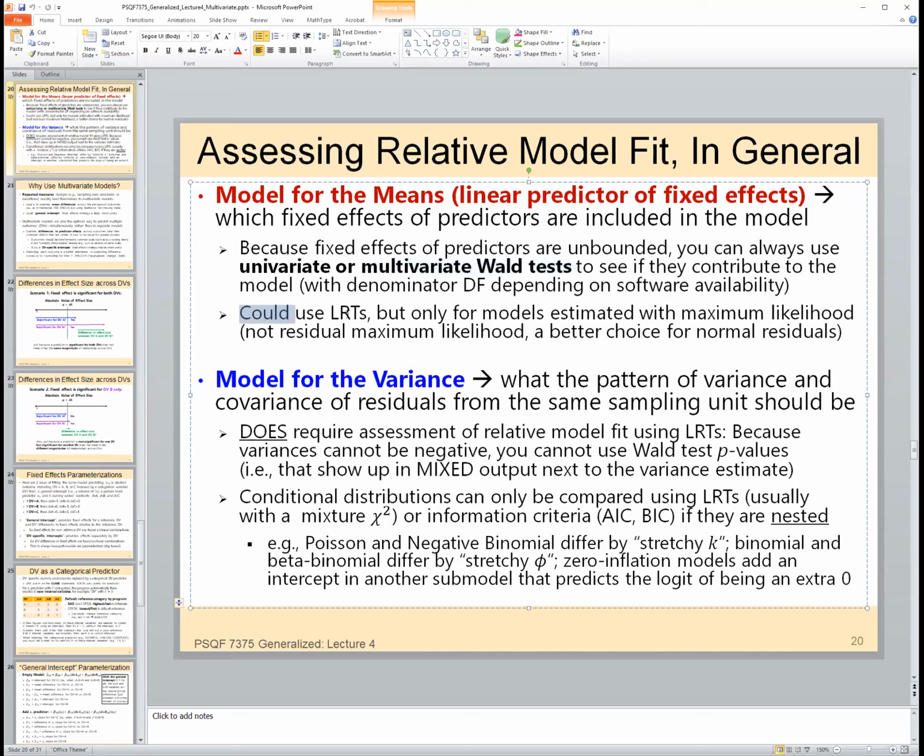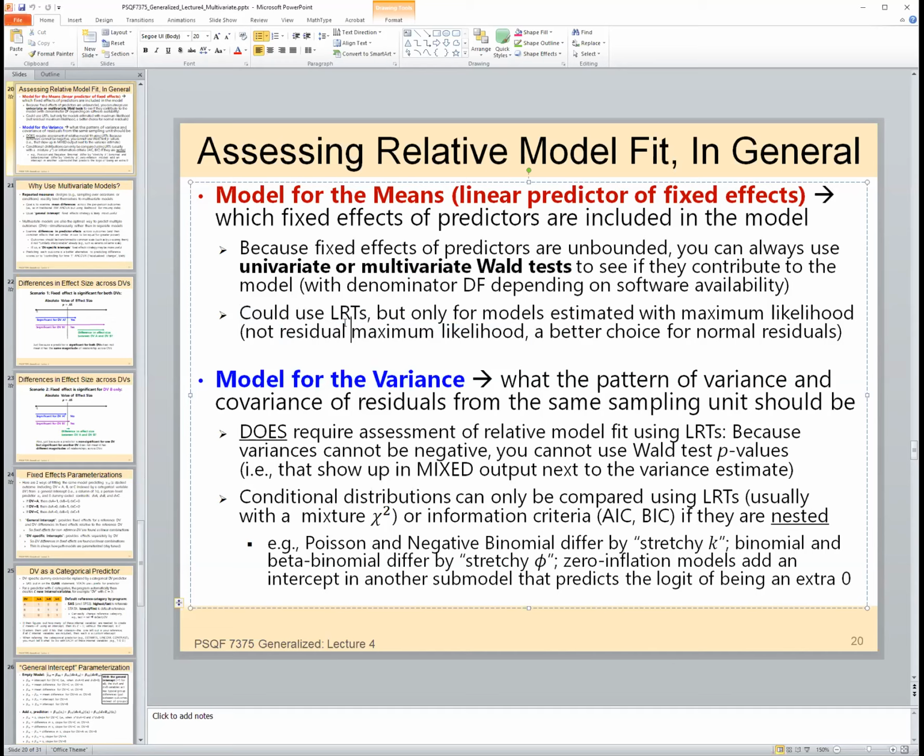If you wanted to do likelihood ratio tests to test models that differ in fixed effects, then it's only valid to do that if you're in regular flavor maximum likelihood. For models with normal residuals, you should instead try to be in residual maximum likelihood, which offers better estimates of the variance components. And so this is REML rather than ML.